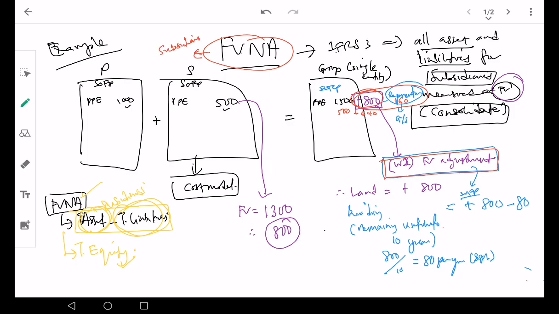You see, fair value. So you have to remember that the total equity initially is based on the individual statement. Individual statement of total equity means total asset minus all the total liabilities, then you get your total equity.